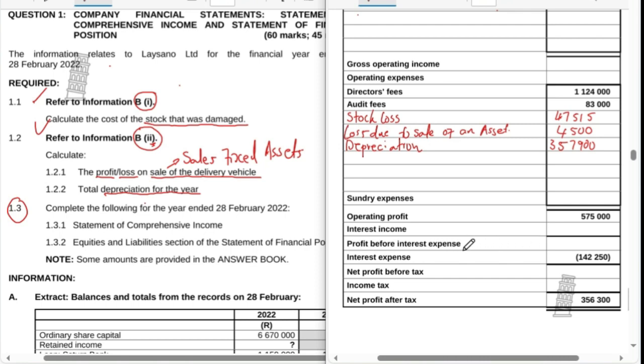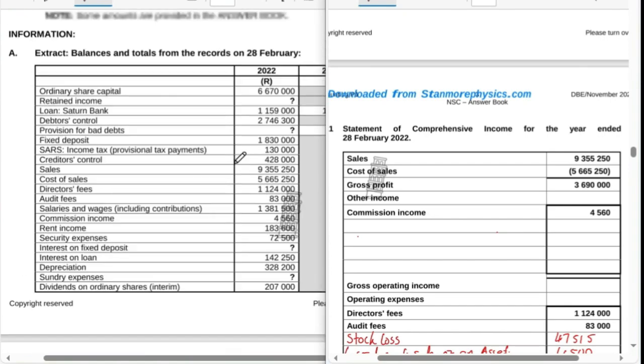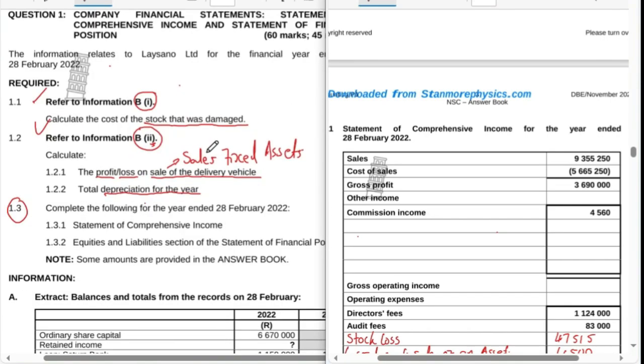Profit before interest expense minus interest expense equals net profit before tax. Net profit before tax minus income tax equals net profit after tax, which is the net profit for the year. So guys, let's get started with our income statement. And this is the extract.